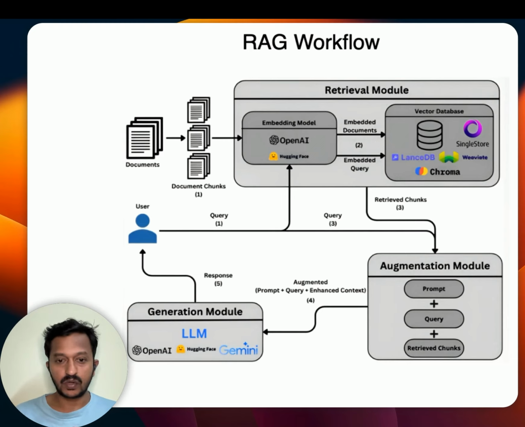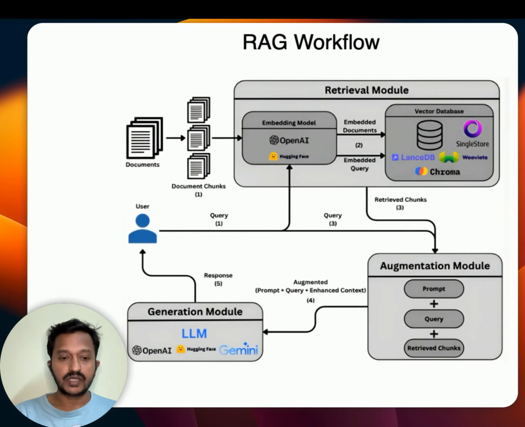There are different embedding models from different platforms like OpenAI, Hugging Face, and Cohere. These chunks go through the embedding model, and that's how vector embeddings are created. These vector embeddings are stored in a vector database, such as SingleStore, Chroma, Lance, Weaviate, and Pinecone. There are many others. So this is about the storage of vector embeddings.